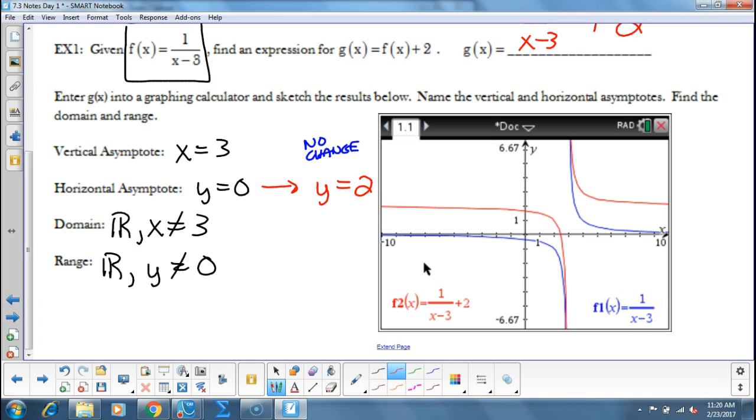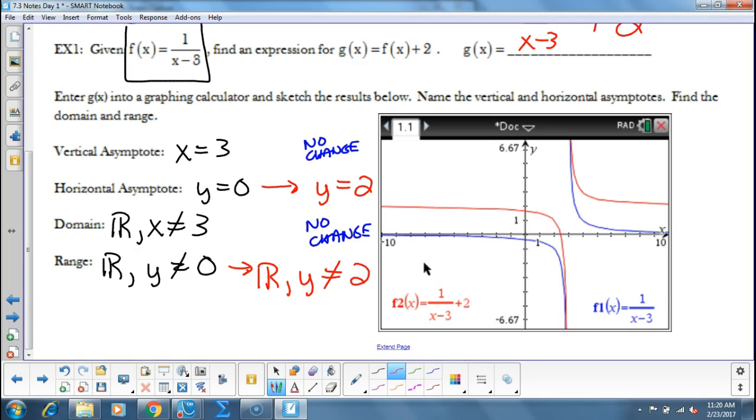Domain of the red, no change. Range of the red. So all real numbers, but y now cannot equal positive 2. Does that make sense to you?